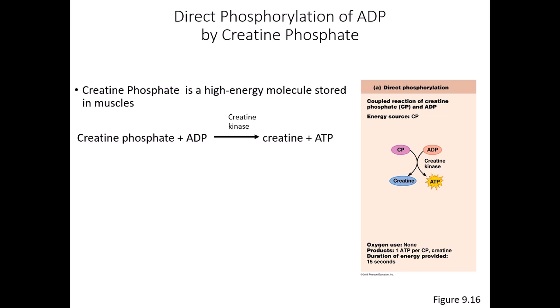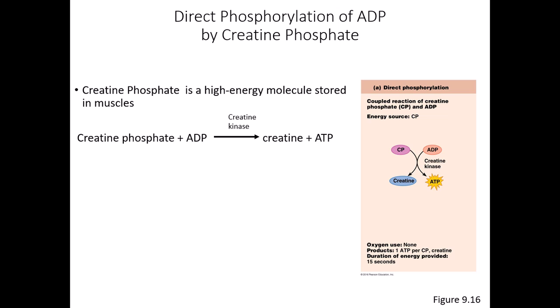And in the presence of ADP, adenosine diphosphate, and an enzyme called creatine kinase, and notice that ASE often tells us that we're talking about an enzyme, the creatine phosphate is broken down into creatine and a single phosphate. And that single phosphate, of course, is going to combine with the ADP to give us ATP.